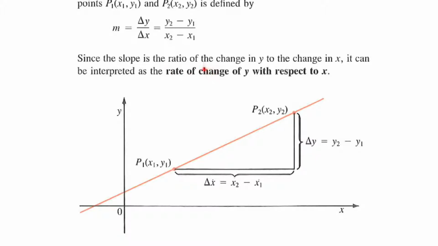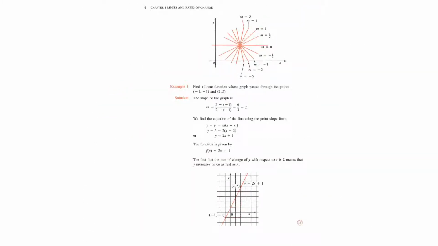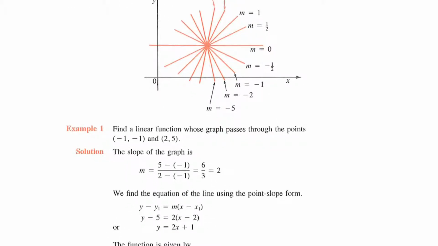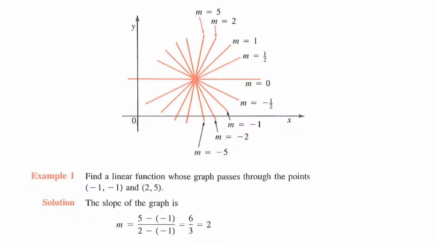Since the slope is the ratio of change in y to change in x, it can be interpreted as the rate of change of y with respect to x. In this diagram, we have a couple of lines.